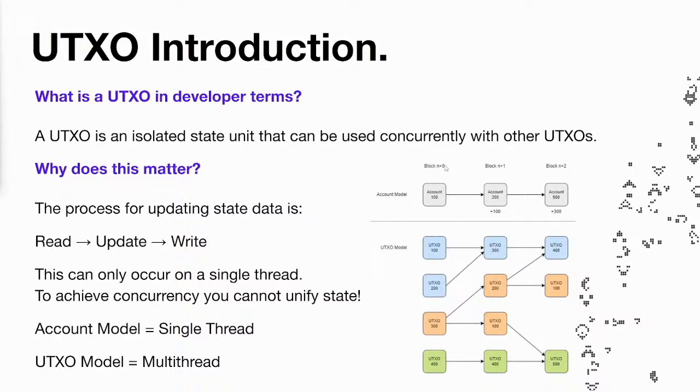Up at the top we have block 0, block 1, and block 2. Account model up at the top. In each one of these blocks, this account only has a single balance. It's one single piece of data. Every time it's just updated. You can see we added 100 and then we added 3. In each frame, it's just updated. Now, if you look at the UTXO model, and these are 3 different accounts here because they're different colors, so 3 different users.